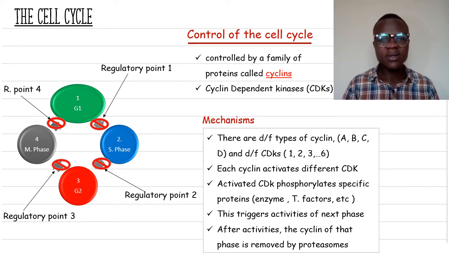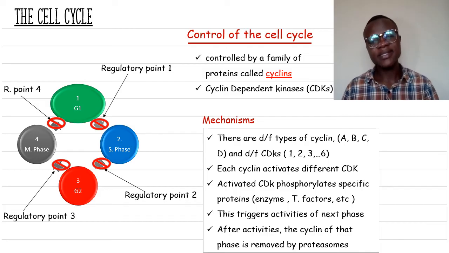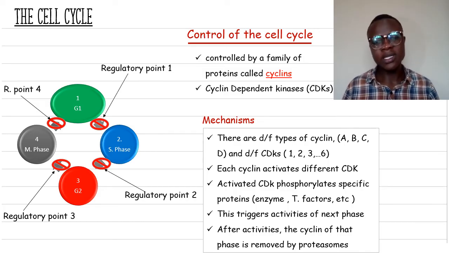Aside from that, there is a family of proteins called the cyclins that function in the control of the cell cycle. The cyclins, in addition to the cyclin dependent kinases, all function together to regulate the cell cycle.